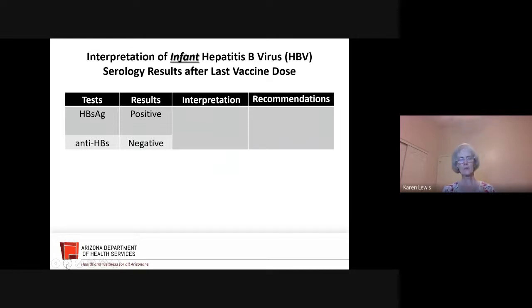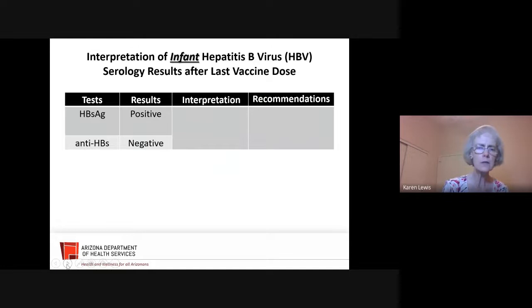Okay, so now at 9 months of age, after getting the last vaccine at 6 months of age, the child is tested both for surface antigen and for antibody to hepatitis B surface antigen. And the surface antigen is positive, but the antibody to hepatitis B surface antigen is negative.